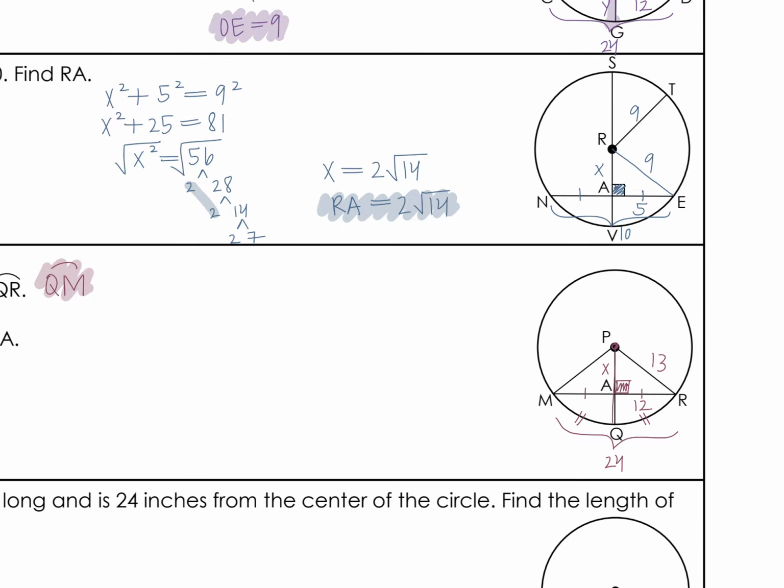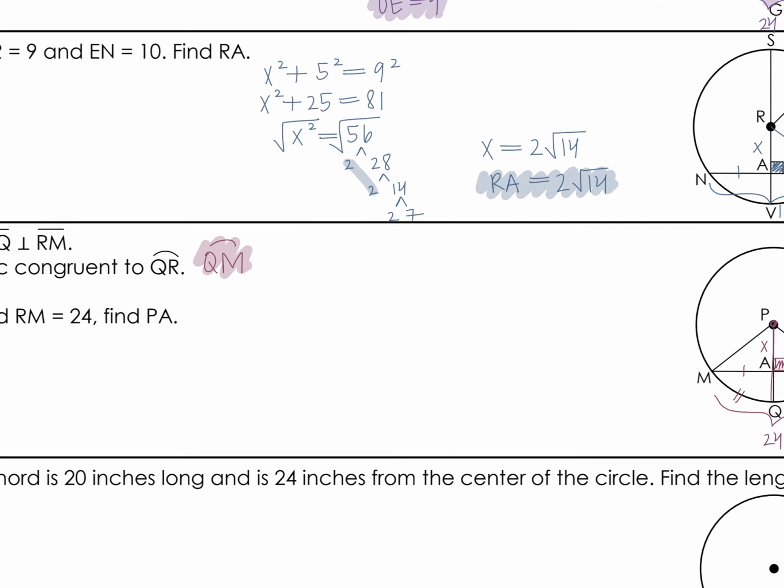I'm going to use that Pythagorean theorem once again, and we will have my X squared plus 12 squared is equal to 13 squared. So squaring everything, we'll have X squared plus 144 is equal to 169.